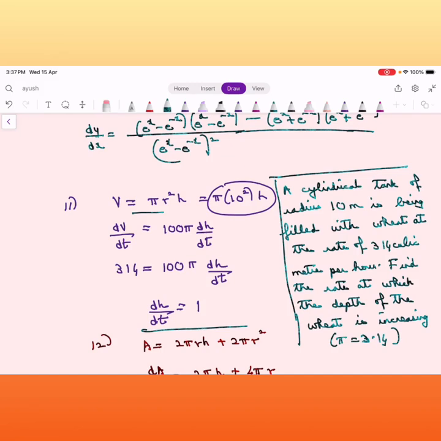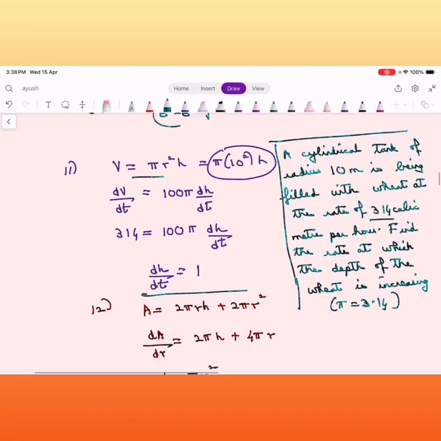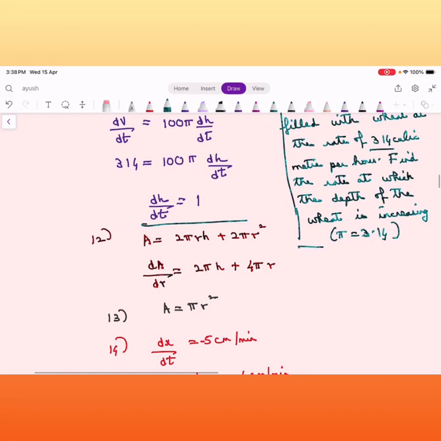So dV by dt will be 100 pi dH by dt. Now dV by dt is 314 because it is being filled with wheat at the rate of 314 cubic meter per hour. So this is 100 pi dH by dt. And then you put pi as 3.14. So when you simplify, you will get dH by dt as 1.